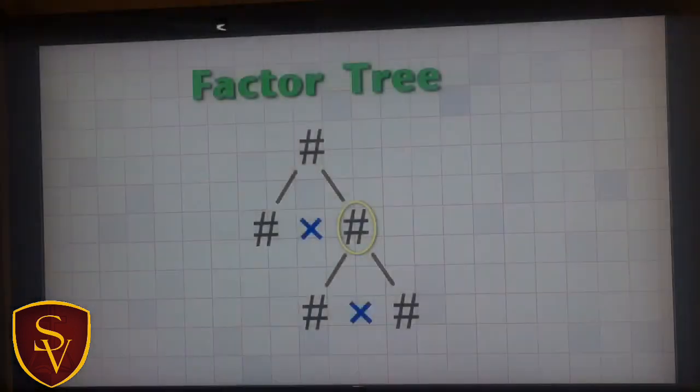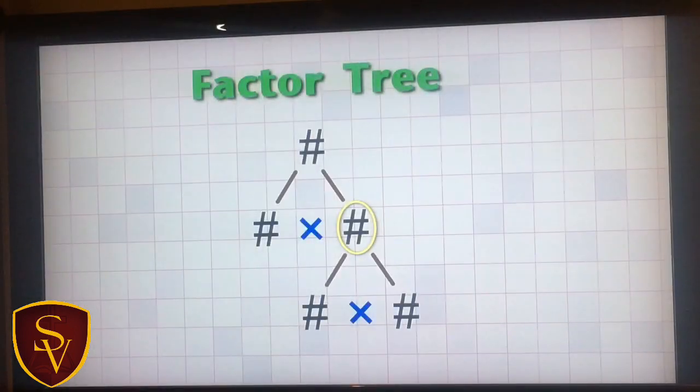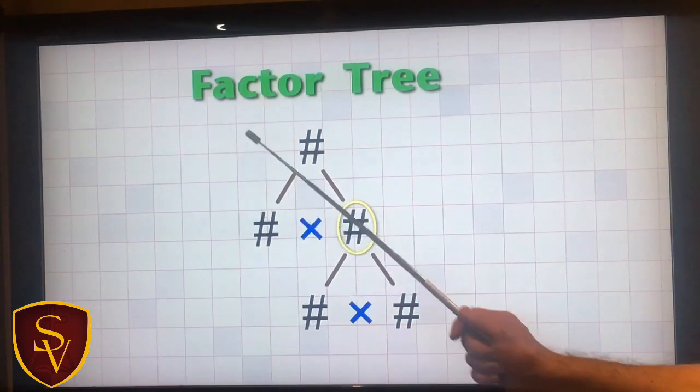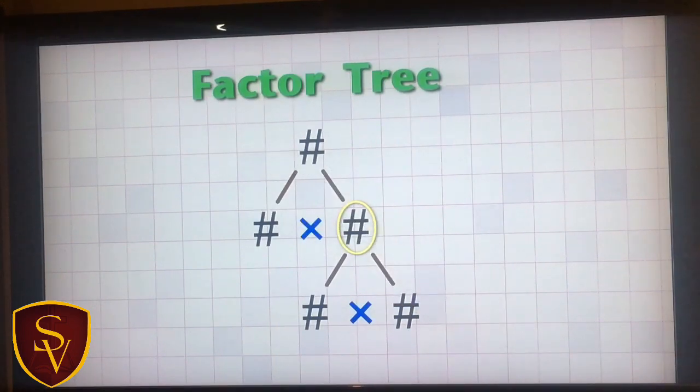Well, it could be very tedious and hard work to find the factors of any given number. To help us, we have the method of the factor tree.